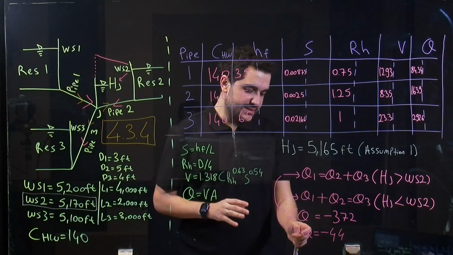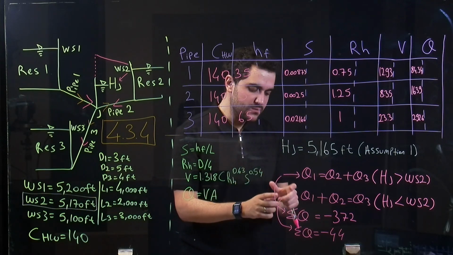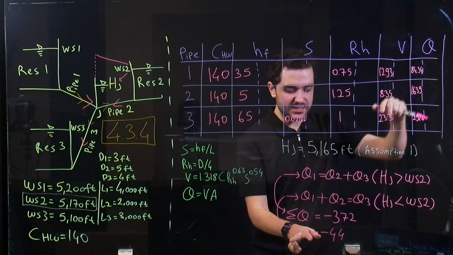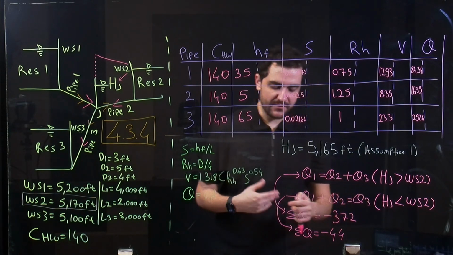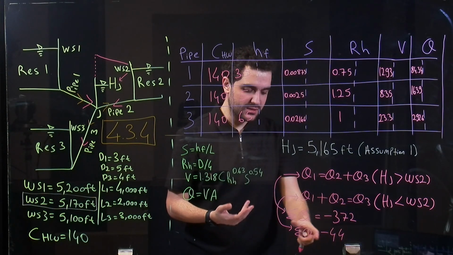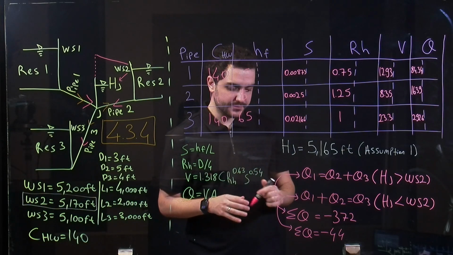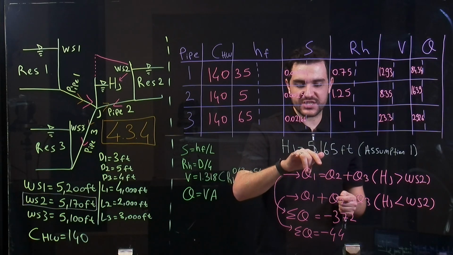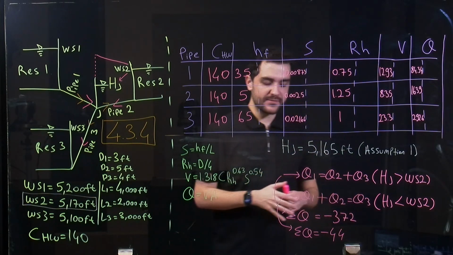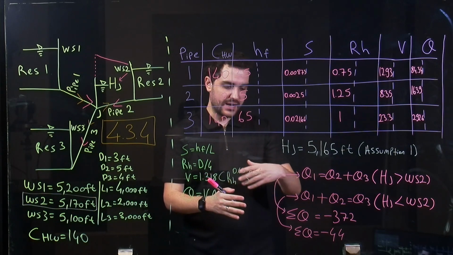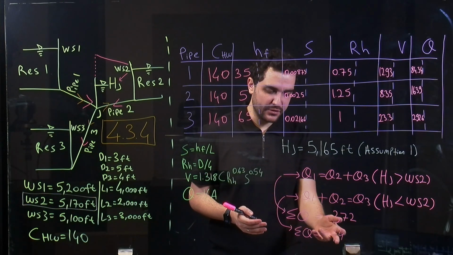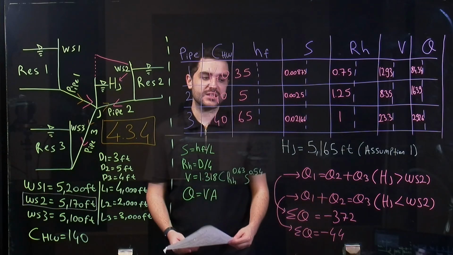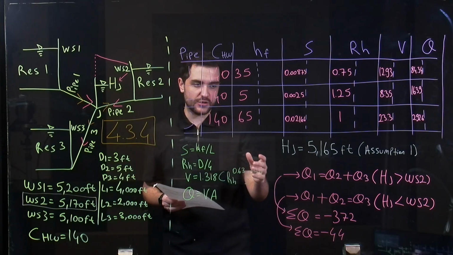So the purpose is making a value which is very close to 0 for the sum of flow rate. So when we find something like 0 or 1, then we can stop. For this question, we assume that the Hj is 1165, but it gave a minus value, minus 44 and minus 372. This means that we need to decrease our Hj.